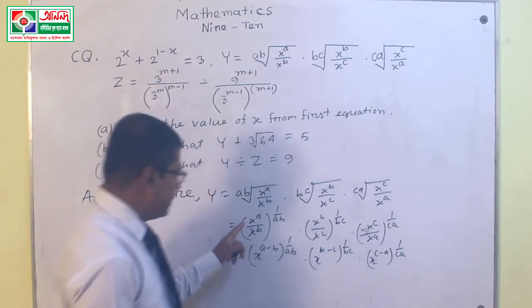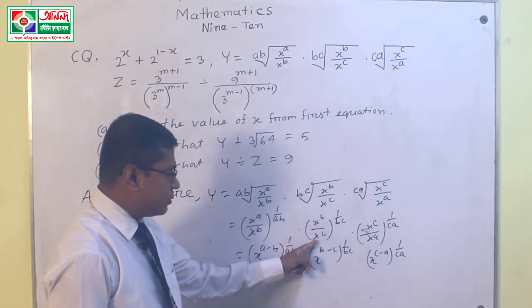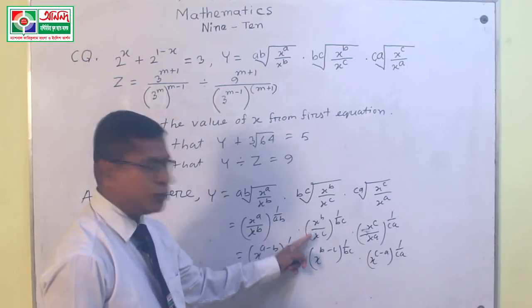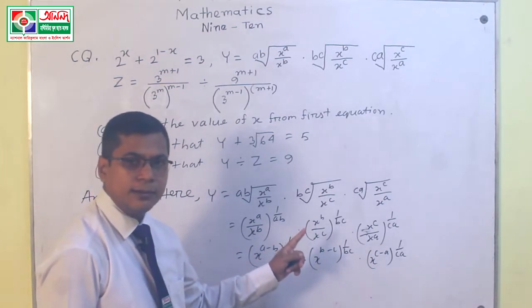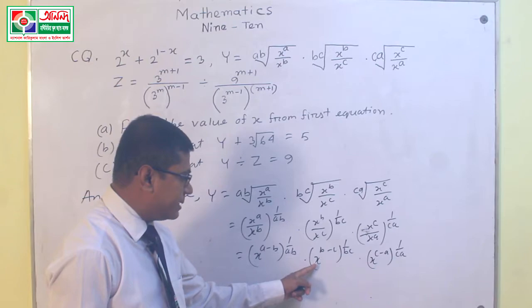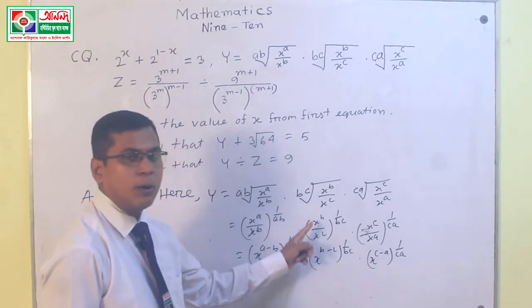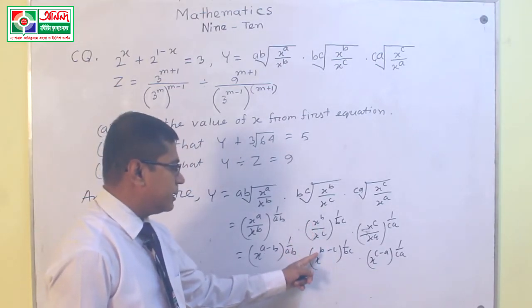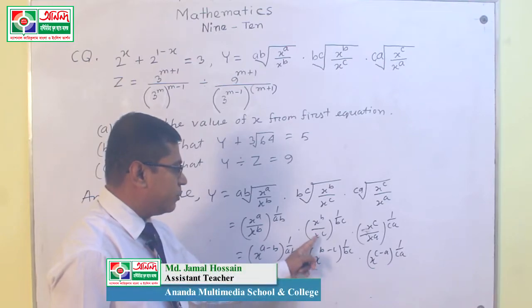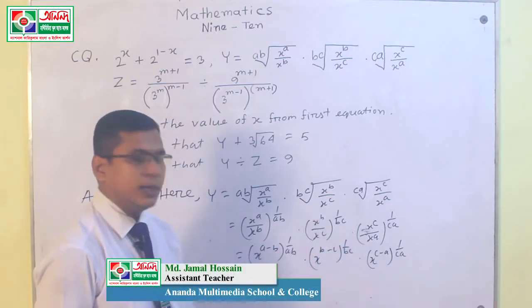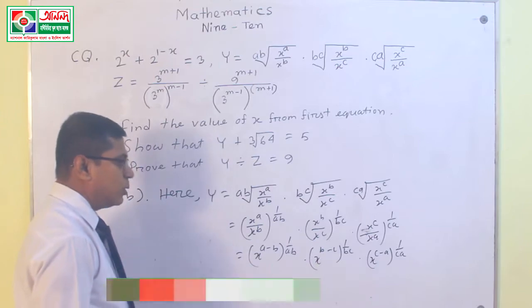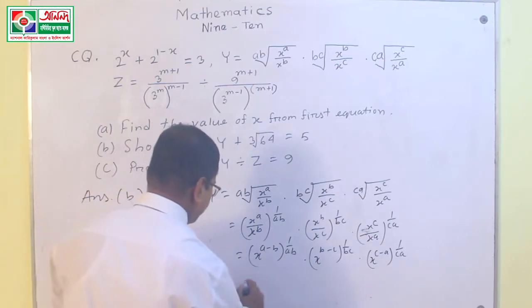Look at here x to the power b by x to the power c, here the base is same, so we can write only one base x and the power is subtracted. So here we have written b minus c, same way we have written x to the power c minus a whole to the power 1 by ca.